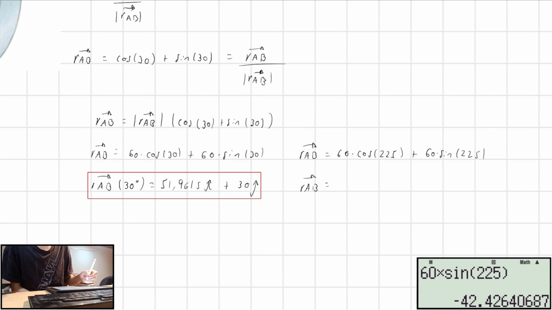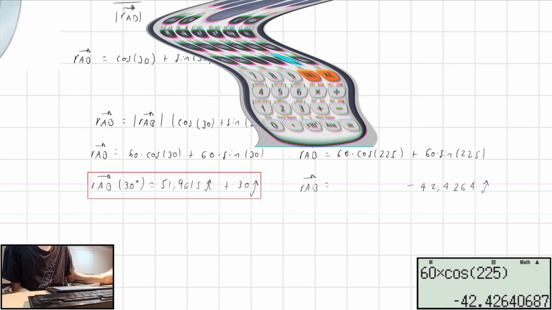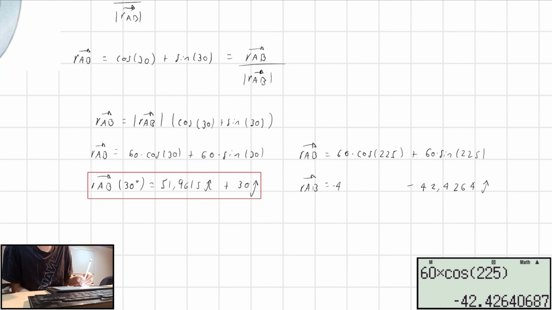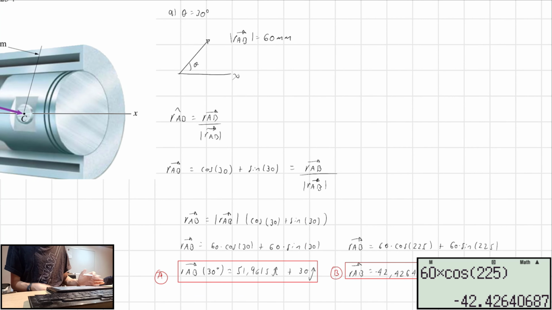For the sine it is equal to minus 42.4264 in the j direction, and for the cosine we're talking about the same thing in the I direction. All right. So this is the answer for the A part of the exercise, and this is the answer for the B part of the exercise.